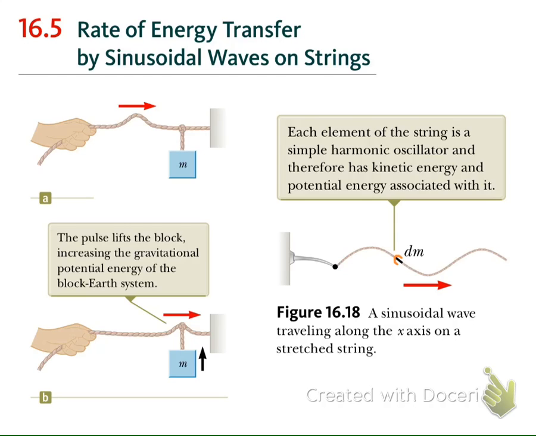For example, this element, and when the wave passes through, this element will move up and down, and it means that energy is transferred through this element when the wave passes through. The energy of this element, of course, has two components, that is the kinetic energy and the potential energy.